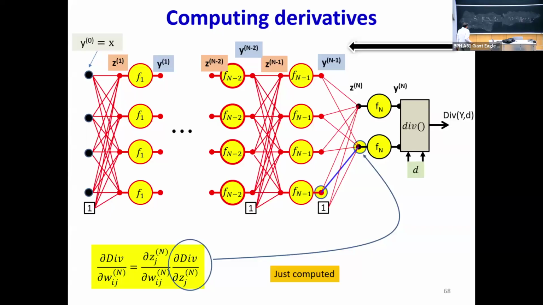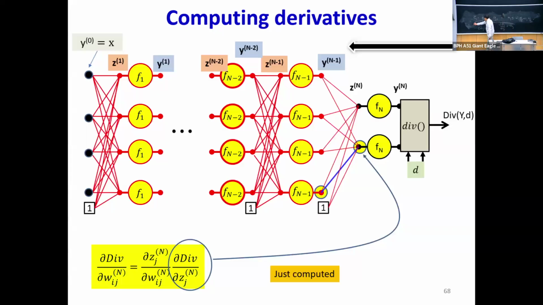So having written it in this manner, what is the derivative of zj with respect to wij? This is going to be yi. And what is the derivative of zj with respect to yi? That's just going to be wij. Very straightforward.